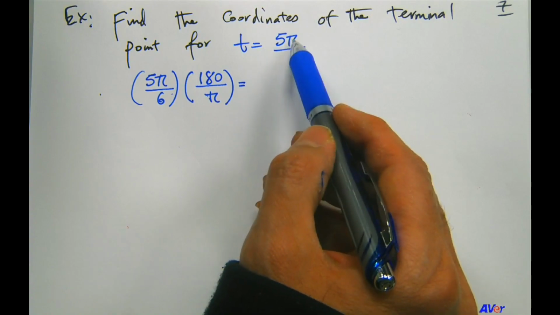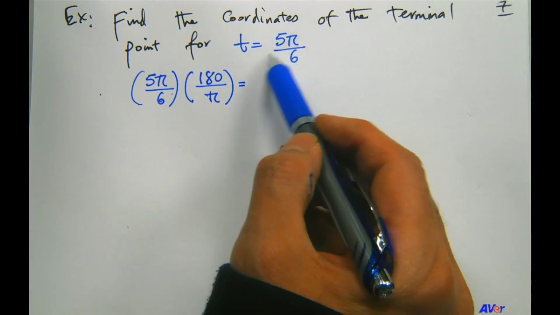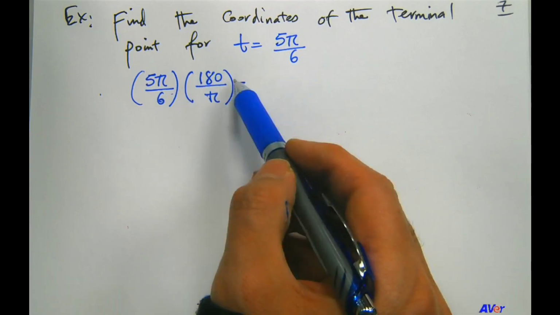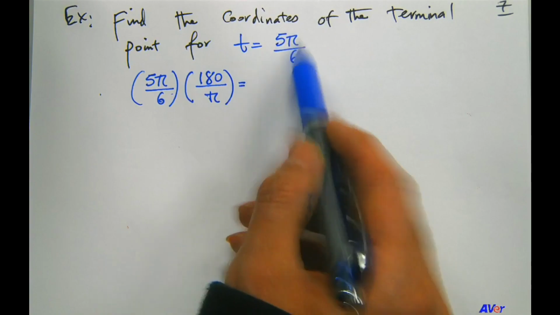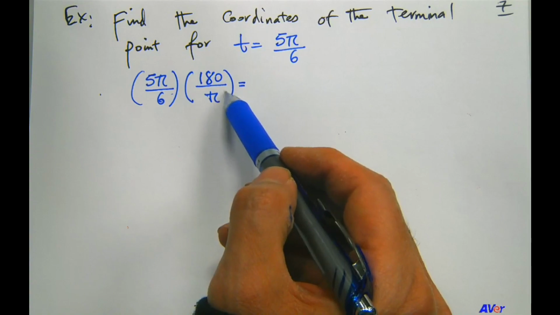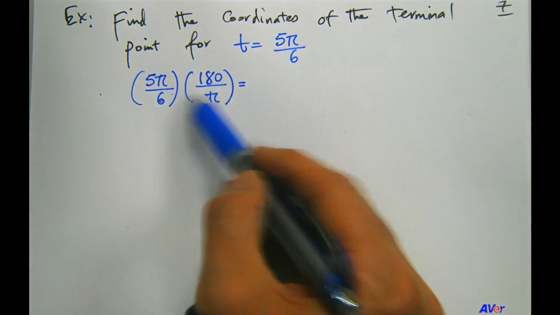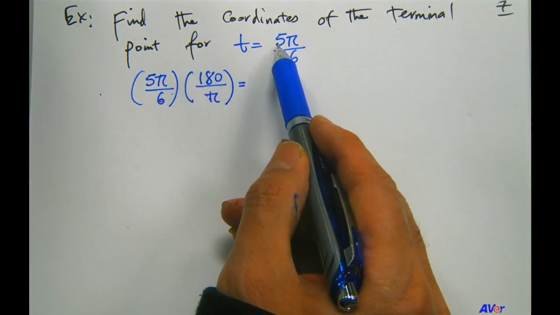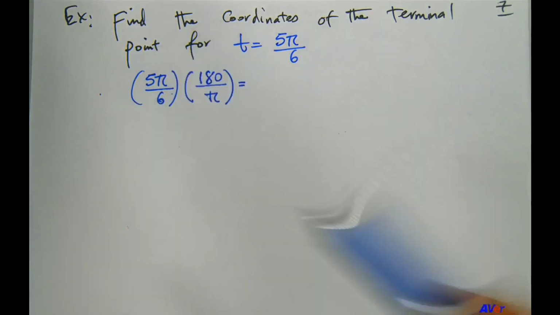And for that, I don't want to ask you to do that using radians. Let's convert it to degrees. And then as we get more used to these radian representations, then I'll stop doing that. And probably in the second or third lecture, I'll stop doing that. But for now, let's convert this angle given to us in radians to degrees so we know which quadrant the terminal point is in. Because as you recall, we need to be mindful of the algebraic sign changes.